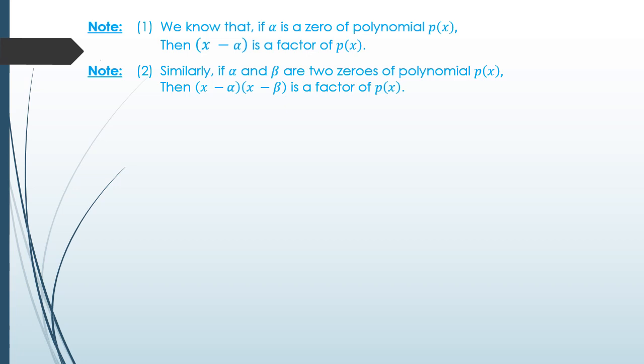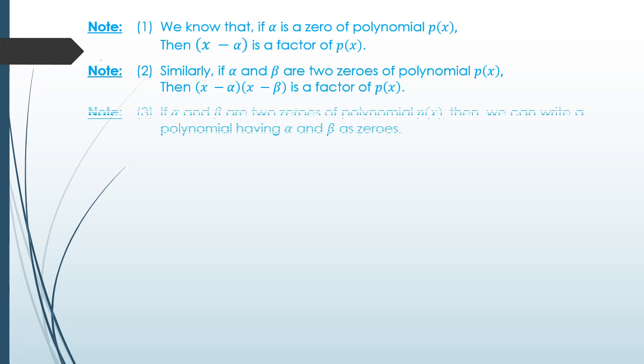Means if we are given the zeros of a polynomial, suppose we are given that alpha and beta are the zeros of a polynomial p of x, then from that how can we write the polynomial? Getting it? The first part we have seen, from the polynomial we can obtain the zeros by factorization. But if we are given zeros, can we write the polynomial which will be satisfied by those zeros? So this we are going to study now.